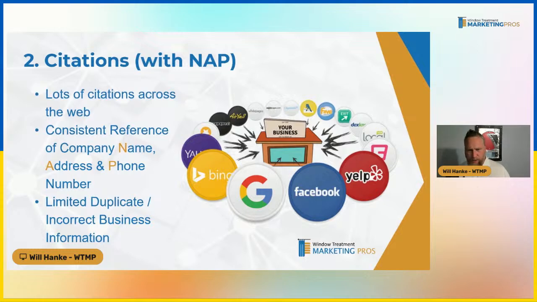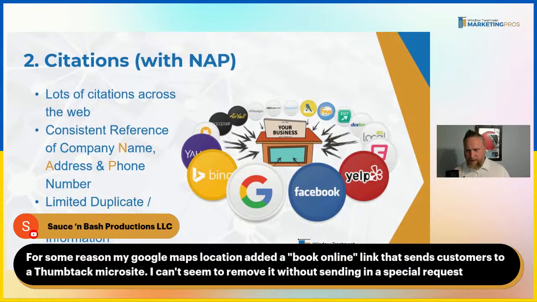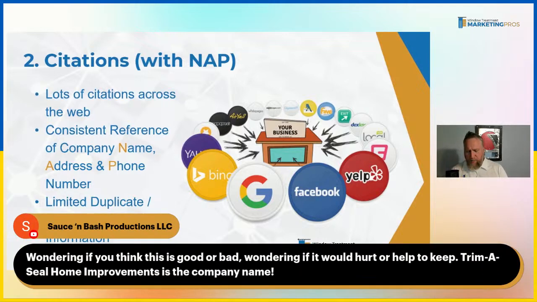All right. I saw a question come up and then it disappeared. Can you put that back up for me so I can see it? Okay. Sauce and Bash Productions. I like that. For some reason, my Google Maps location added a book online link that sends customers to a Thumbtack microsite. I can't seem to remove it without sending in a special request. That should be in the Google Business Profile. Well, I guess you said you've tried to edit it and it won't let you update it. Yeah, it might be that the only thing you can do is put in a support request.